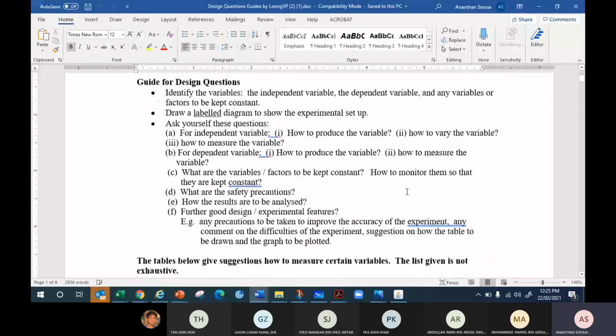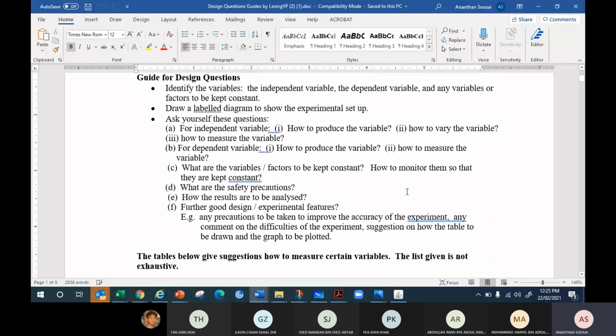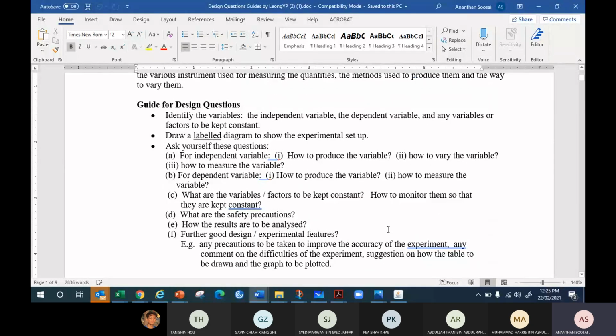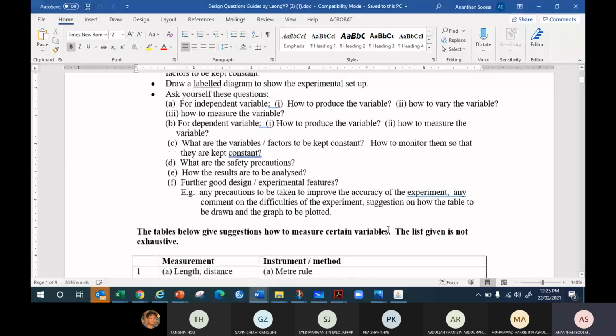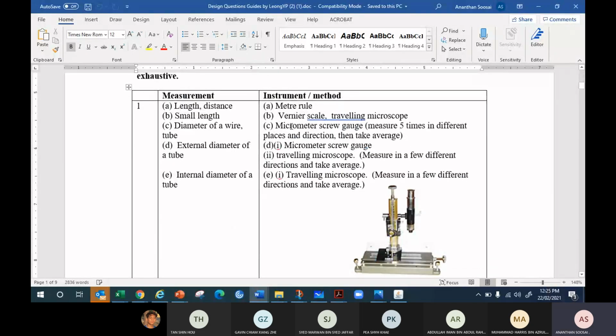This is a guide for you to do the design experiment. Why I say it is useful: it tells you the list of instruments available to measure a certain measurement. The first column is the measurement, the second column is what instrument to be used. So for length you can use a meter rule, for small length a vernier caliper or traveling microscope.